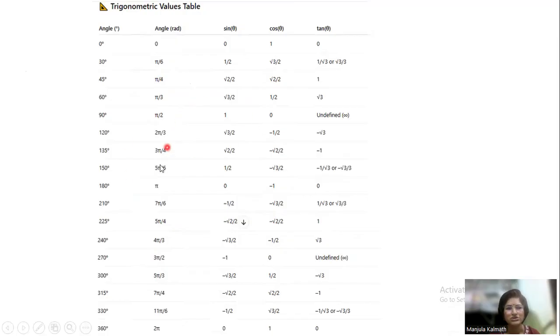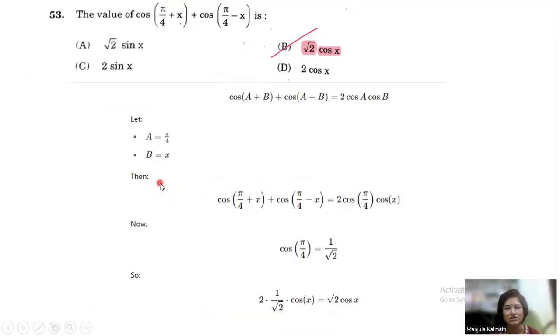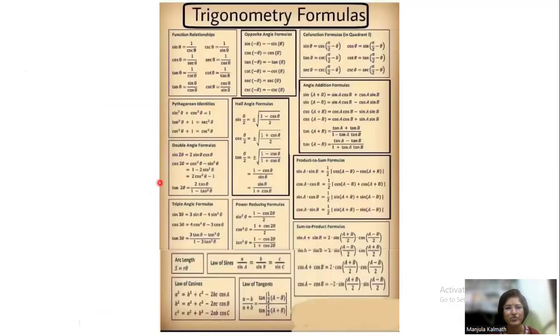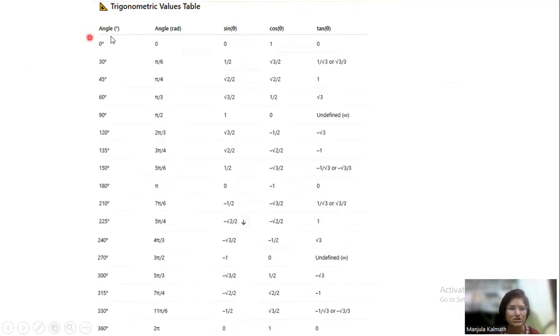Here all the values are listed. Just go through this. Cos of pi by 4 equals 1 by root 2. Root 2 divided by 2 means this 2 can be written as root 2 into root 2, this root 2 cancels, so 1 by root 2 is the value of cos of pi by 4.